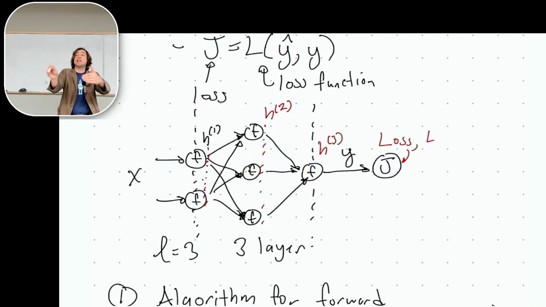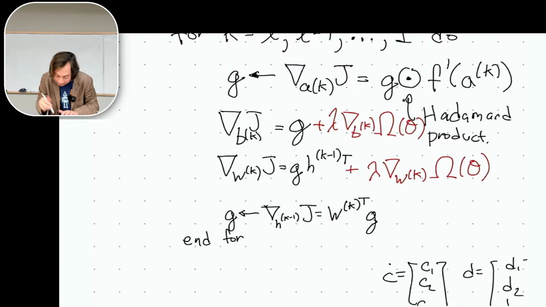So it's storing them all, for gradient descent. Because backpropagation is just for the gradients. Right? Question.